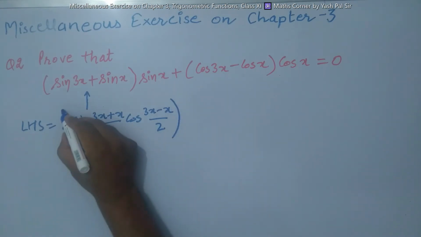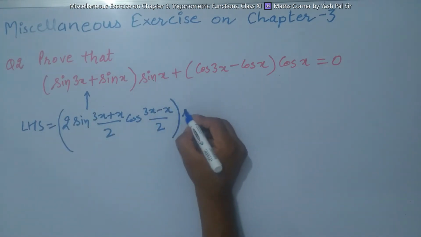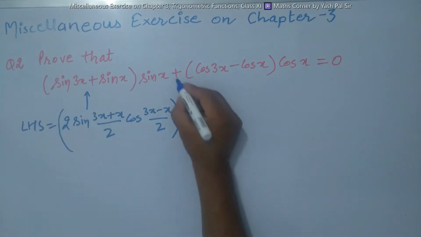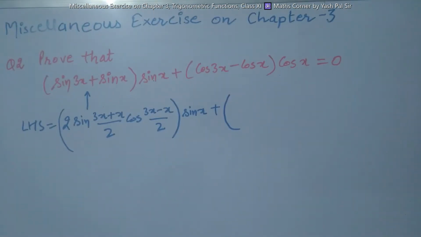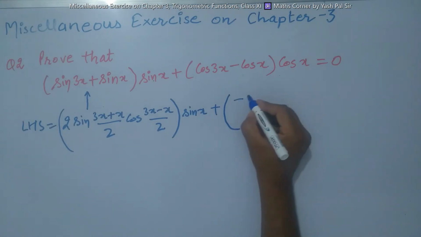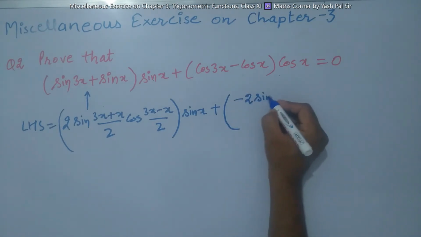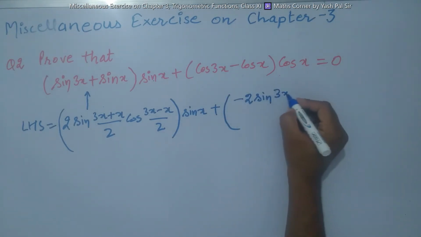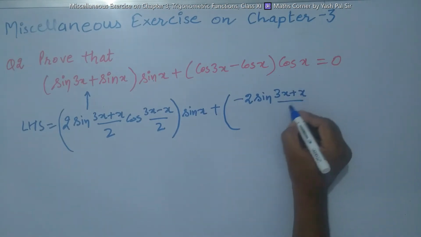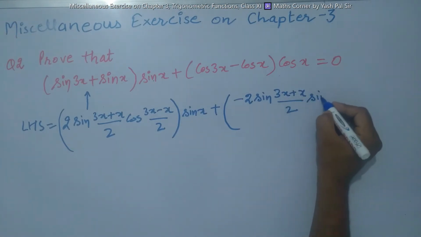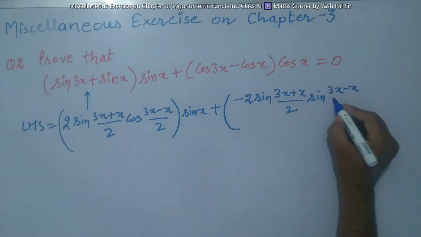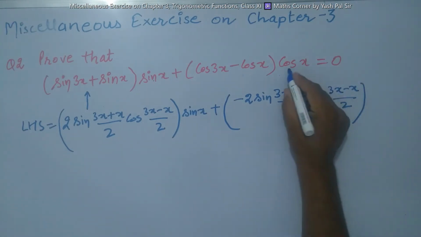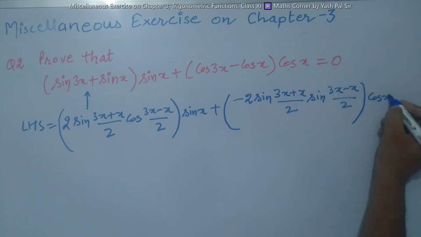So this is the first bracket, outside we have sin of x. Next, plus cos C minus cos D is minus 2 sin (C plus D) 3x plus 1x upon 2 into sin (C minus D) 3x minus 1x upon 2. Outside this is cos of x.